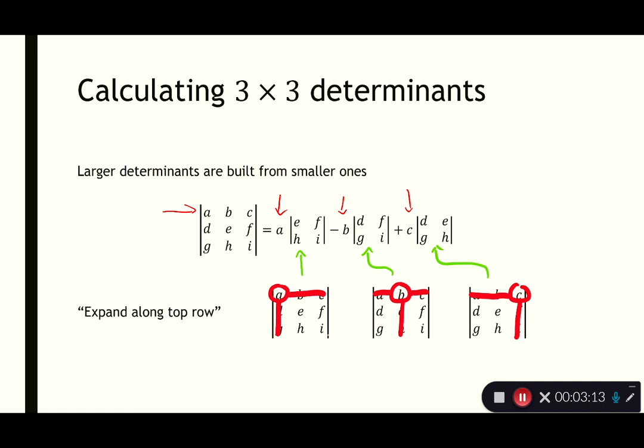So A times the matrix we get by leaving row 1 and column 1 out, minus B times the matrix we get by leaving row 1 and column 2 out, and then plus C times the matrix we get by leaving row 1 and column 3 out. We alternate this way, positive, negative, positive.